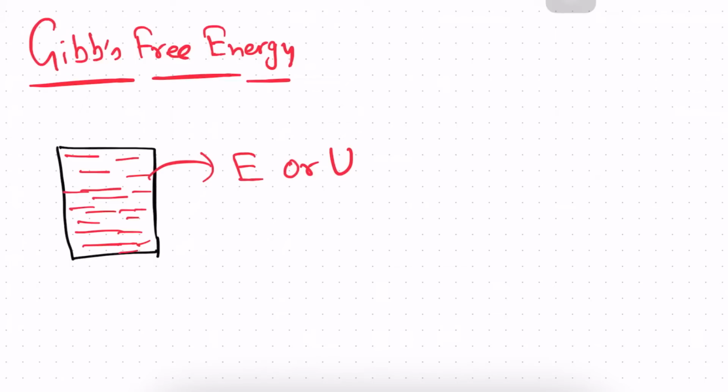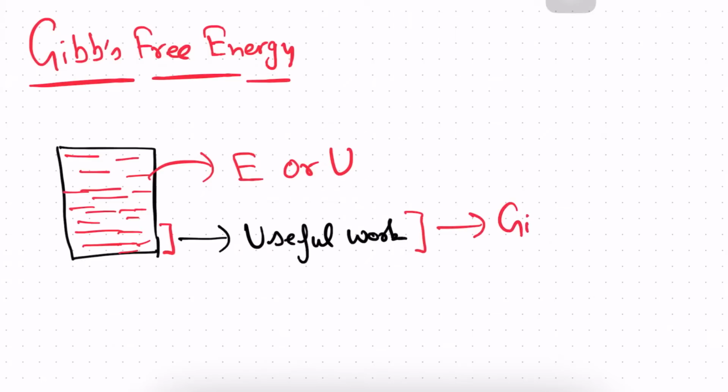Now out of this total energy, only some part of the energy of the system can carry out some useful work. Keep in mind, this part of the energy which can carry out useful work is known as Gibbs free energy.